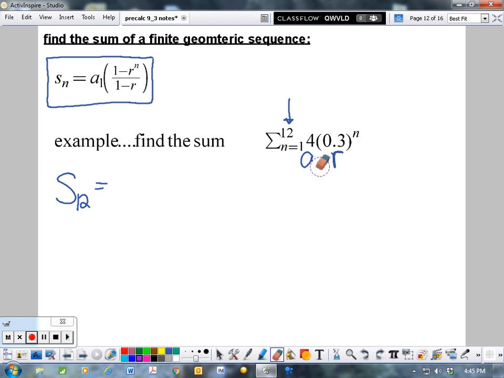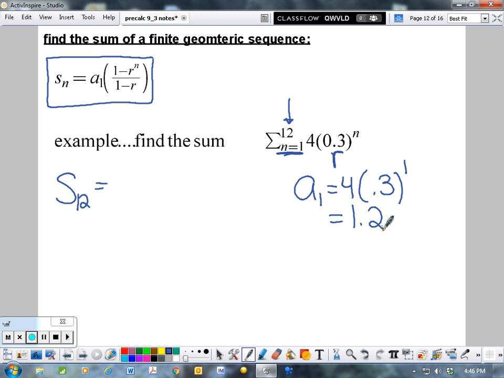Why is it not my first term? Because my first term is when I plug in n equals 1. So when I plug in n equals 1, it'd be 4 times 0.3 to the first power, which is, sorry about that freak out there, which is 1.2.